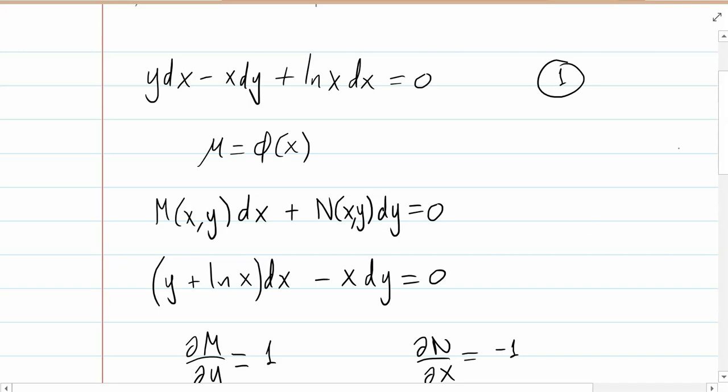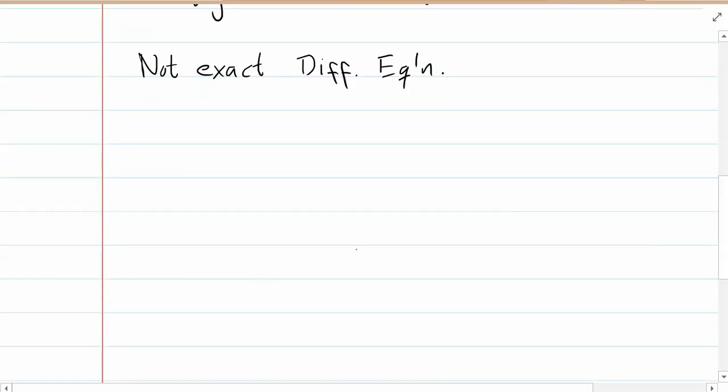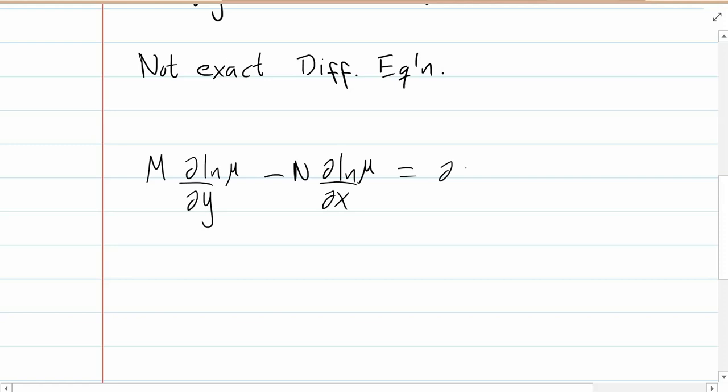The formula to find such an integrating factor is M times the partial derivative with respect to y of ln mu, minus N times the partial derivative with respect to x of ln mu, is equal to the partial derivative of N with respect to x minus the partial derivative of M with respect to y.